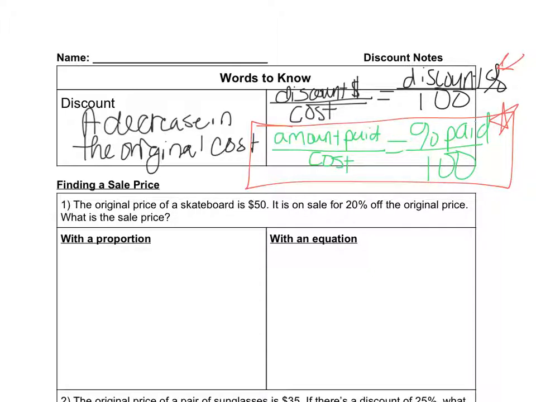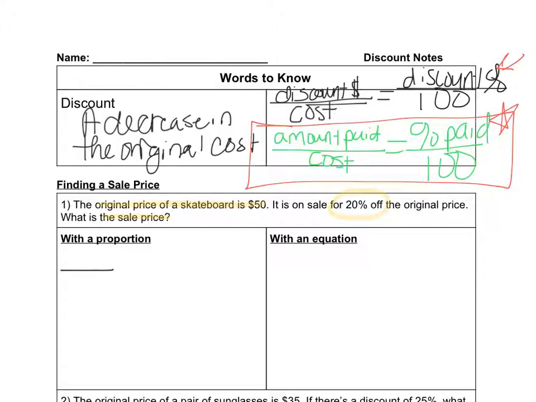Okay, so looking at this first problem, the original price of a skateboard is $50. So that's our original price. It is on sale for 20% off. What is the sale price? So it is asking us what the price is after the sale. So I would use that proportion that I had boxed in red.